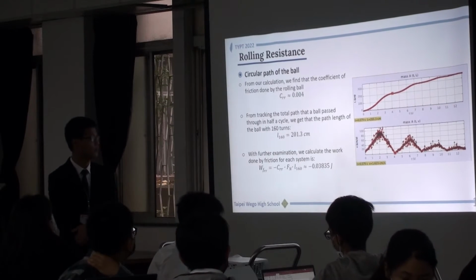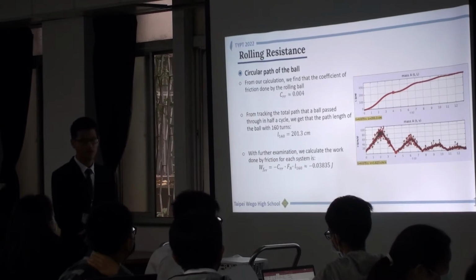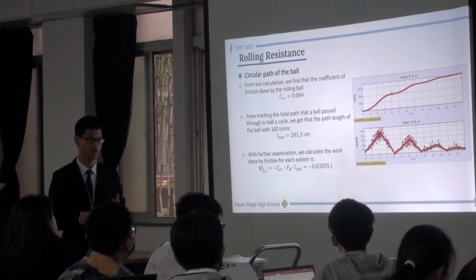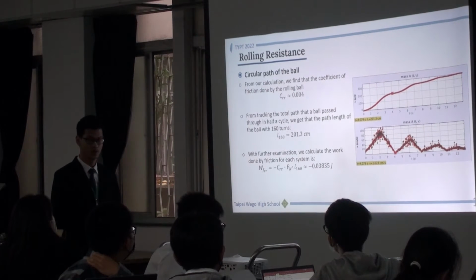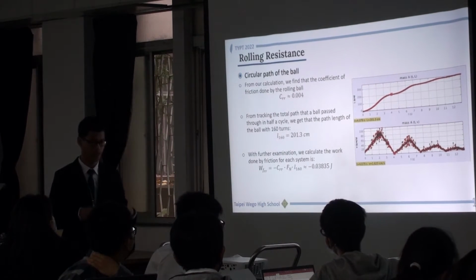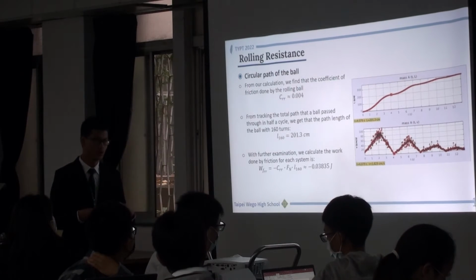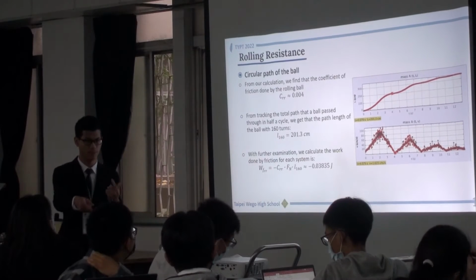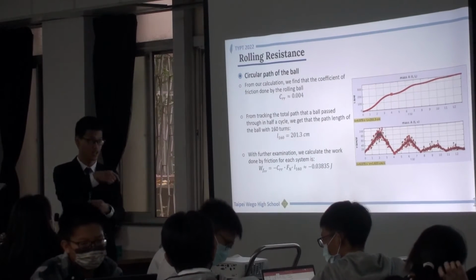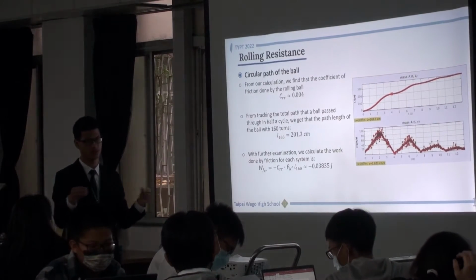And next, we'll talk about the rolling resistance. We first approximate that the coefficient of rolling resistance is approximately 0.004. From now on, when we're talking about the rolling, we'll first focus on half of the period, which is when the ball expands to its largest form and contracts again.